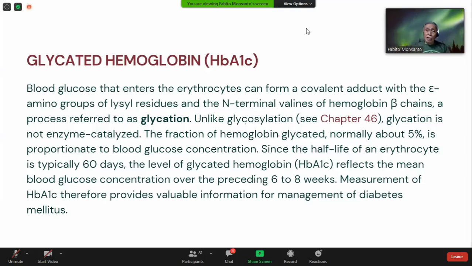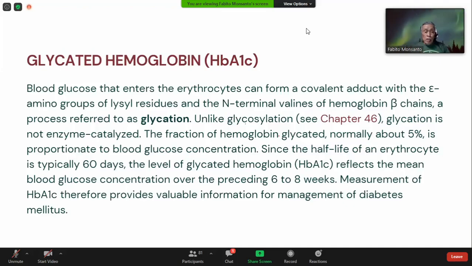All right. When you have a high sugar content in your blood, you may not have the signs and symptoms yet of diabetes mellitus, but your hemoglobin is already decorated with glucose. The glucose attaches itself to the protein, the globin of your hemoglobin.